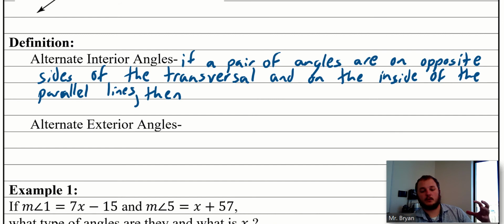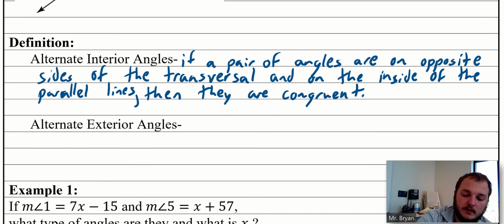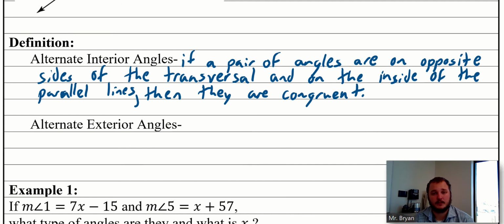I know it's a little wordy. If a pair of angles are on opposite sides of the transversal and on the inside of the parallel lines, or in between the parallel lines, then they are congruent. Okay, so this is information that I now can use as I work through some of these problems here. If I see alternate interior angles, I know that they're going to be congruent.